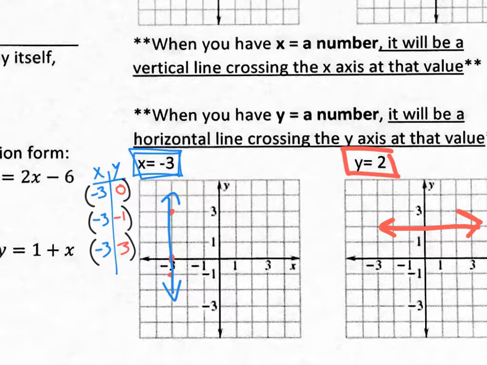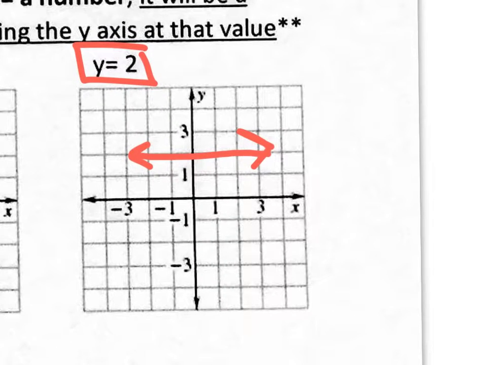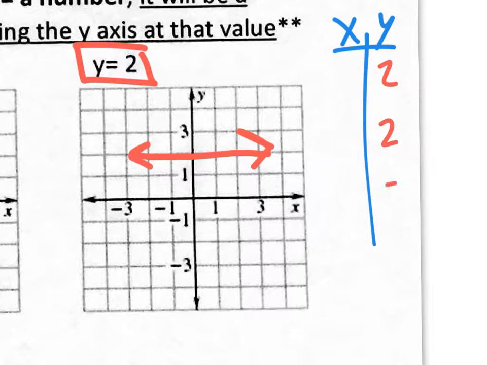Now, that's the actual graph, but if you wanted an explanation, why is this equation, y equals 2, a horizontal line? Well, because the only thing that this cares about is that your y values are 2. So if you go to an xy table to find some coordinates, the only thing that this cares about is that your y values are 2. So you'd have a 2 on the y, a 2 on the y, a 2 on the y.